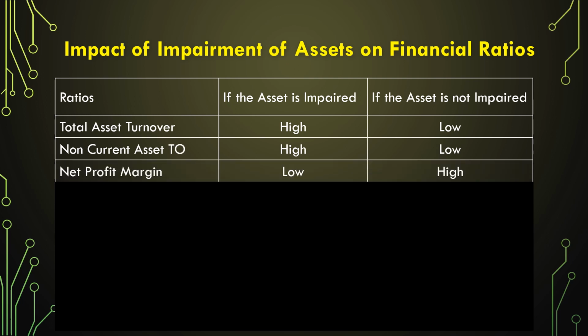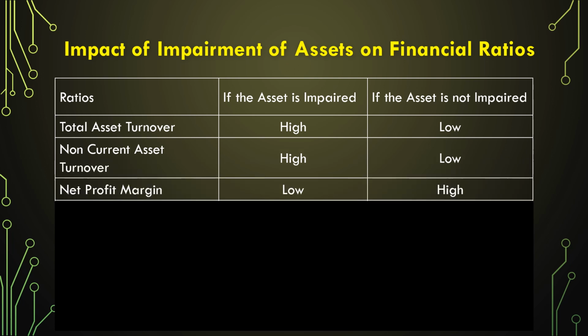Net profit margin is the net profit divided by sales. When there is an impairment, it is charged as an operating expense to the income statement. Therefore, the net profit value, or the numerator value, is lesser. As a result, the net profit margin is lesser when there is impairment. However, the net profit margin is higher without an impairment.